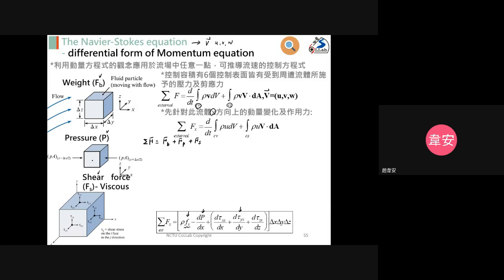Here is the center of our cubic fluid particle, and we assume the pressure at the center point is P0, and at this point we call it the pressure right, and here is the pressure left.